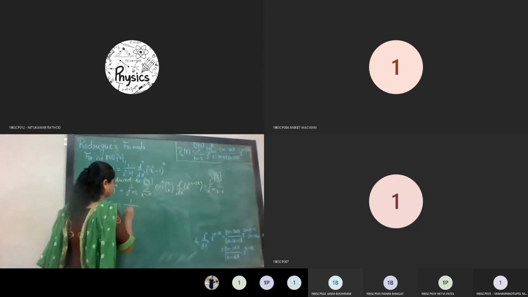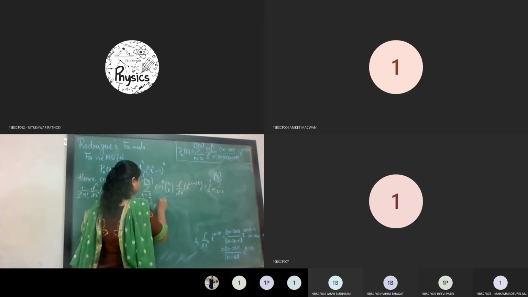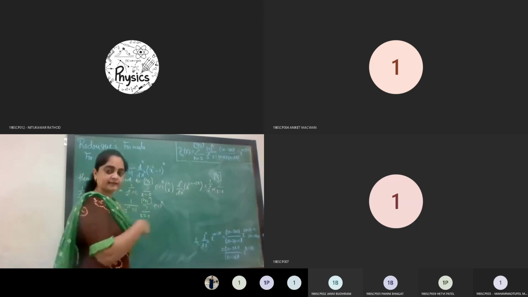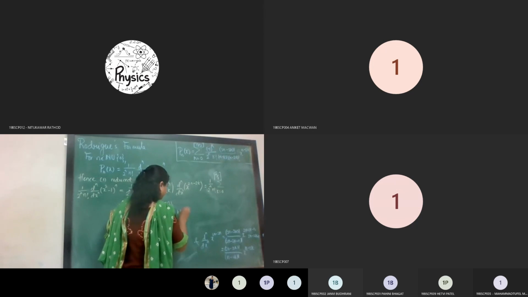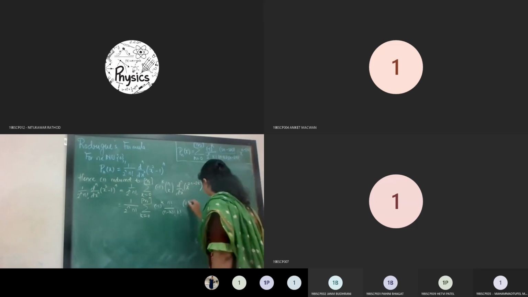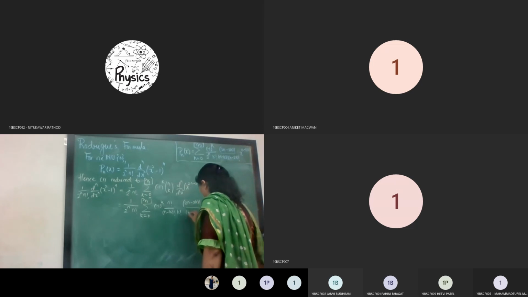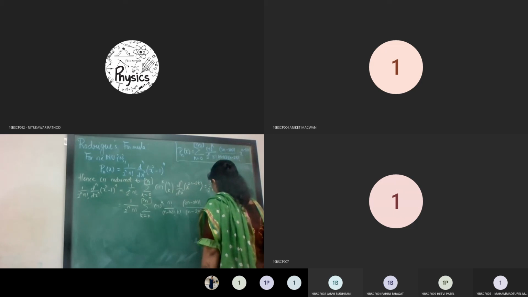It will be 1 upon 2 raised to n factorial, summation k is equal to 0 to n by 2, minus 1 raised to k nCk. Now we are substituting the values of nCk, that is n factorial upon k factorial n minus k factorial, into the nth order derivative of this, which we have considered at the last: 2n minus 2k factorial upon n minus 2k factorial x raised to n minus 2k.